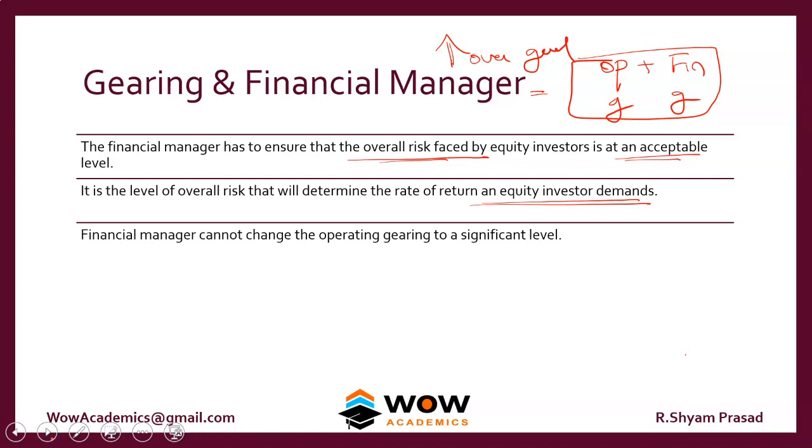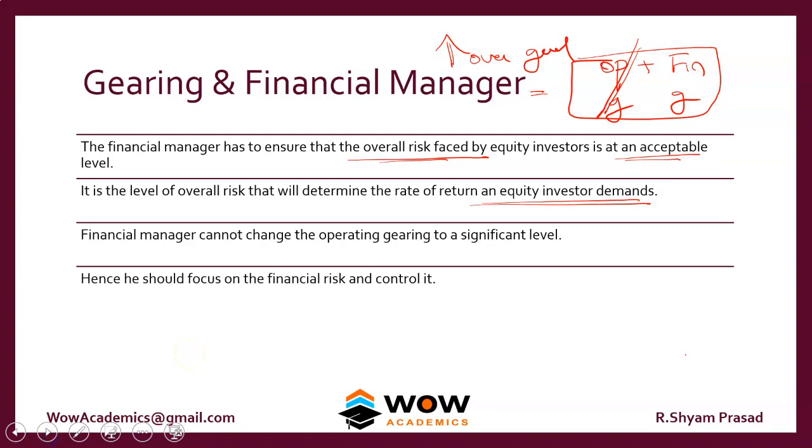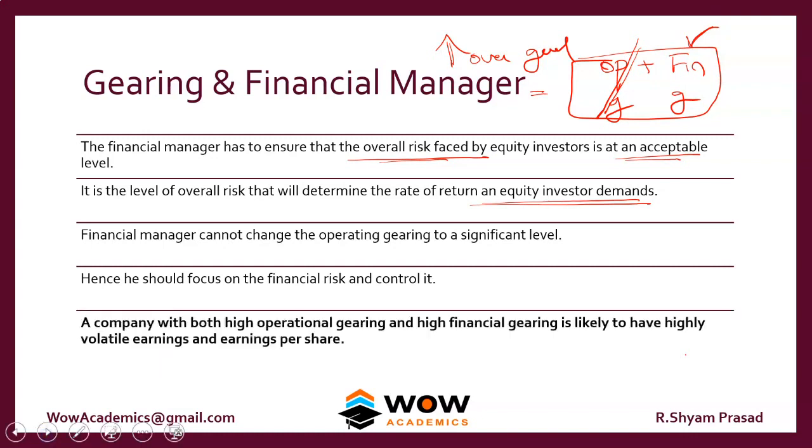Financial manager usually cannot change the operational gearing, so this part is out of question. We cannot change this. But what a financial manager can change is he can control the financial gearing. So a company which already has high operational gearing should have lower financial gearing. The company with both high operational gearing and high financial gearing is likely to have highly volatile earnings and earnings per share, or EPS.